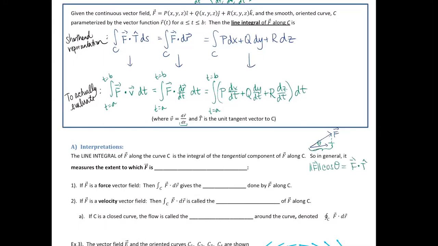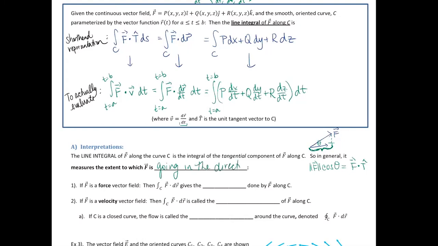So really what we're getting is a scalar component of a projection, which means when we add that up everywhere over my line or my curve, this is measuring the extent to which F is going in the direction of C.